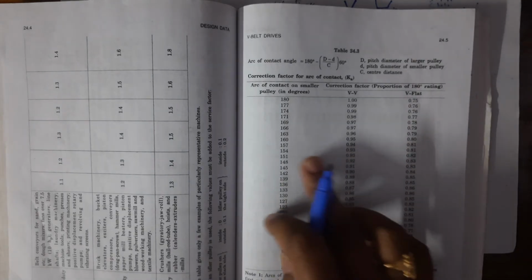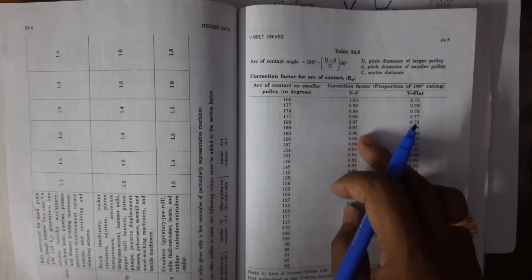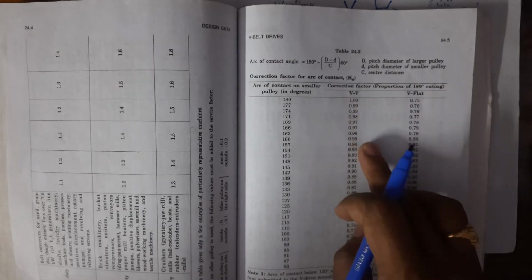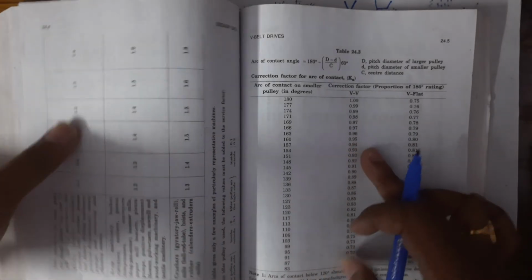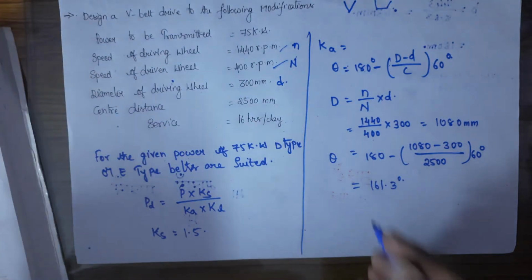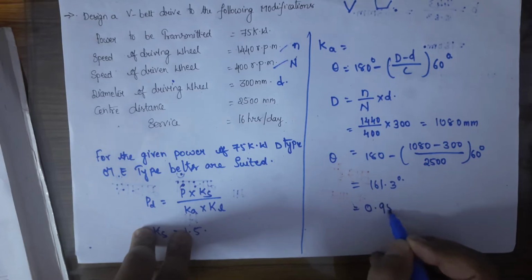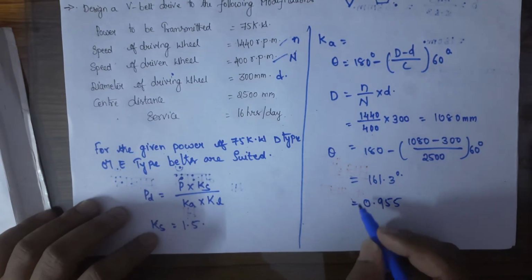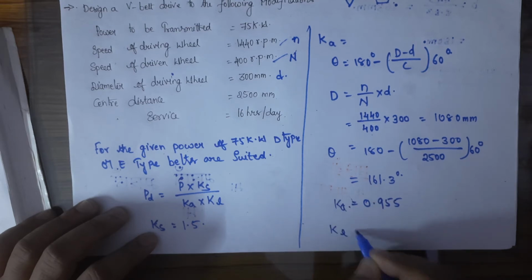So I'm going to select the V-V belt, that is 0.95. Okay, so that is the K value, and later we have to find out the KL value.